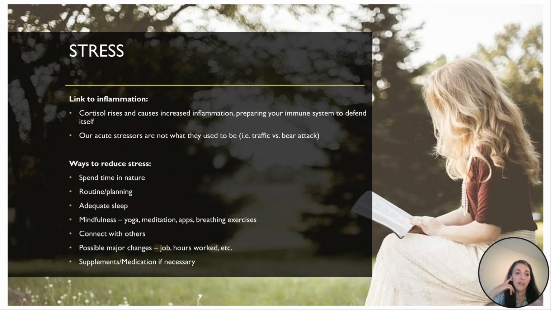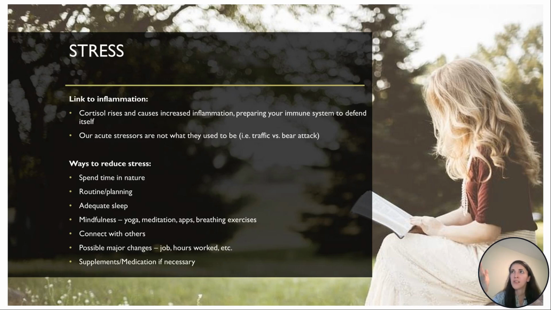So, ways to reduce stress, it really matters what works for you. I generally encourage people to try to spend some time in nature. There are actually great studies on that. I don't know if it's polyphenols or something different, I forgot the word for it, but basically some of the molecules that are released from trees and other plants actually interact with our immune system, and it's just fascinating.